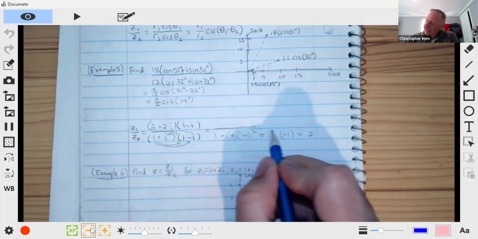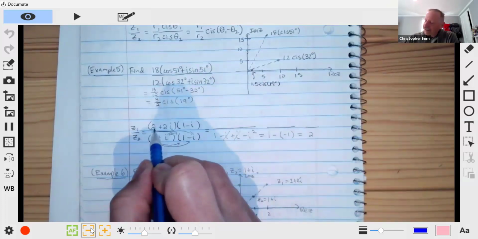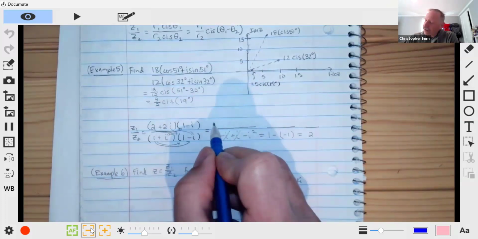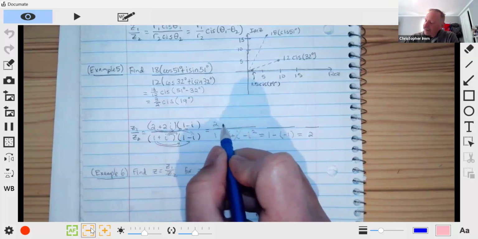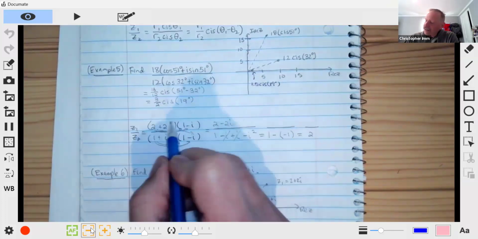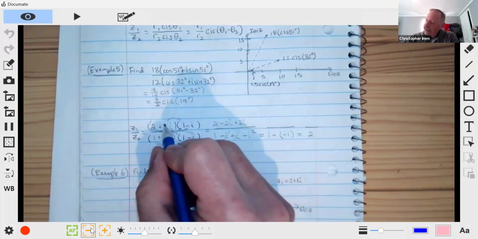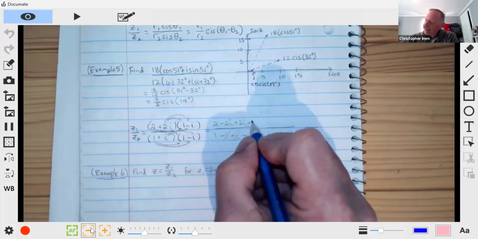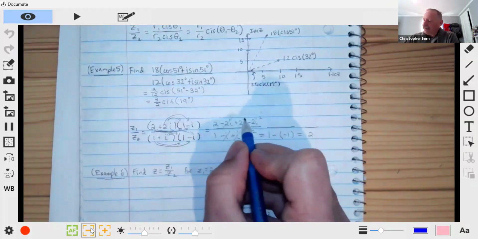Let's go ahead and fill in the numerators. I'm going to distribute just like I did. So I have 2 times 1 is 2. 2 times minus i is minus 2i. 2i times 1 is plus 2i. And 2i times minus i is minus 2i squared. Again, these are going to subtract out.